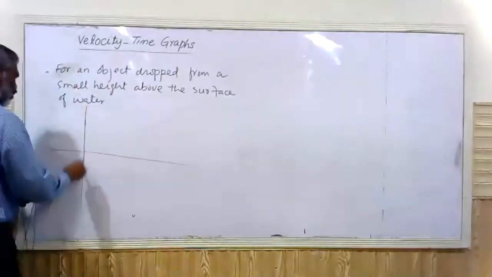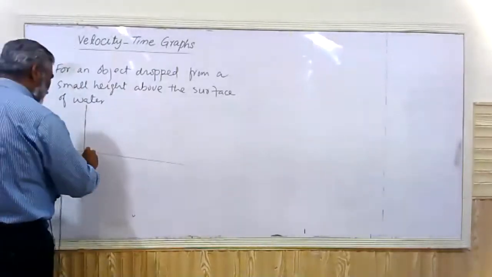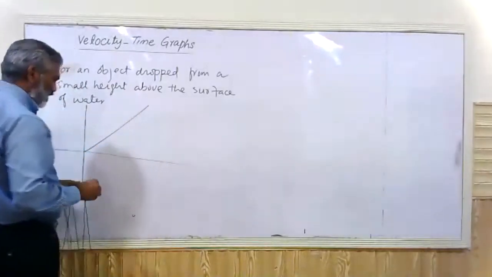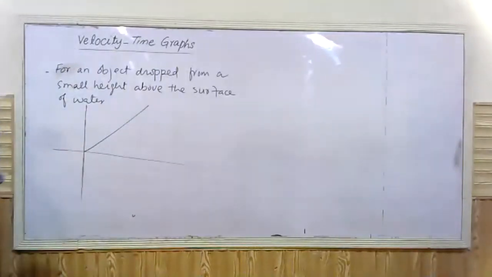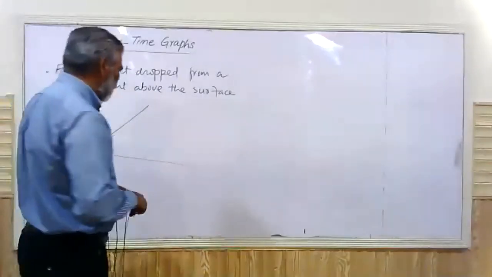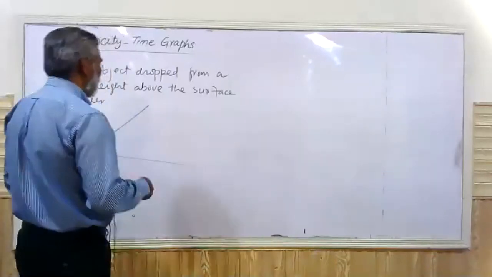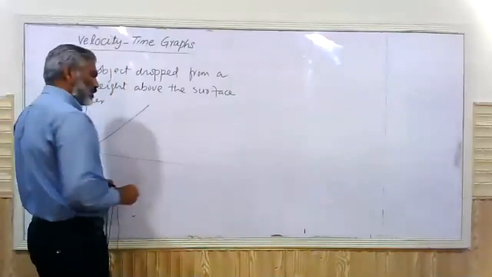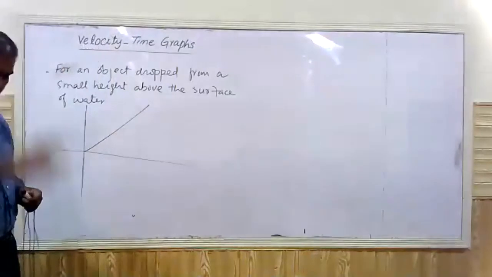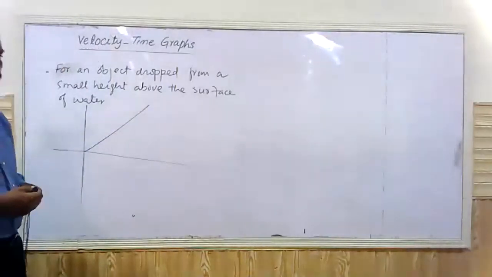Because the object is dropped from a small height, initially it is expected to have a straight line graph because it will fall with constant acceleration. But this is the point where it makes an impact with the surface of water now.